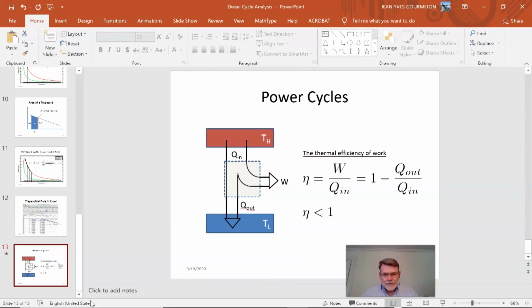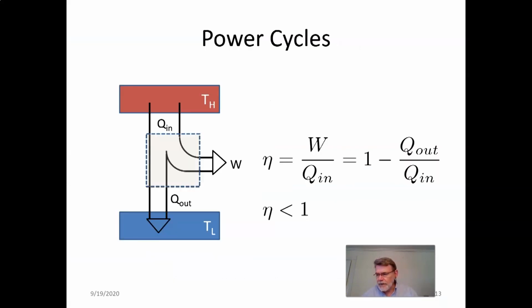Now the last part is the review of the thermal efficiency. Basically, it's about evaluating the work we are getting out of the machine over what it costs to get that work produced, and the work is what interests us.